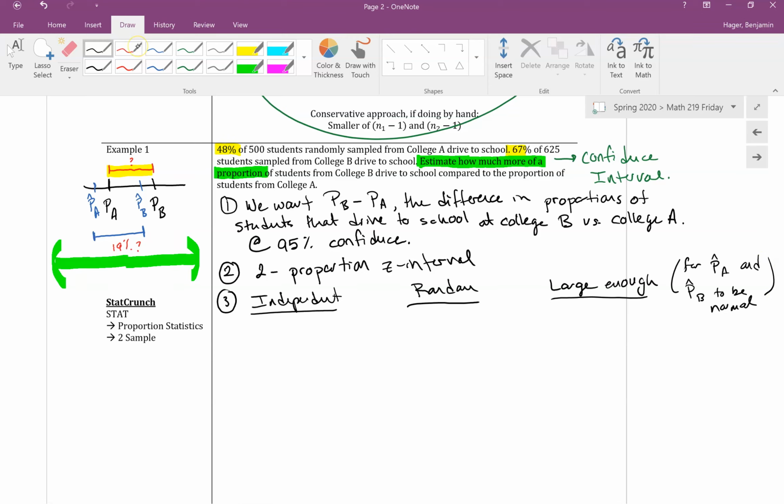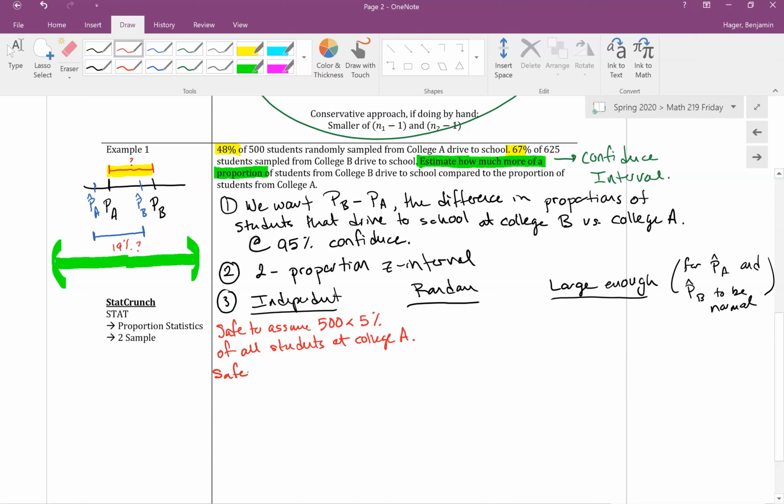All right, independent. Well, let's see. Let's maybe assume that these are very large colleges. So I think it's safe to assume that from college A we sampled 500 students. Let's assume that that's less than 5% of all students at college A. And same, I think we could just assume this is a very big college.